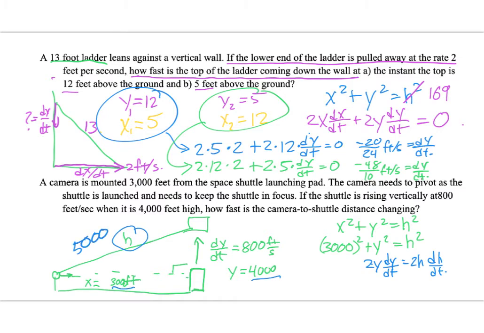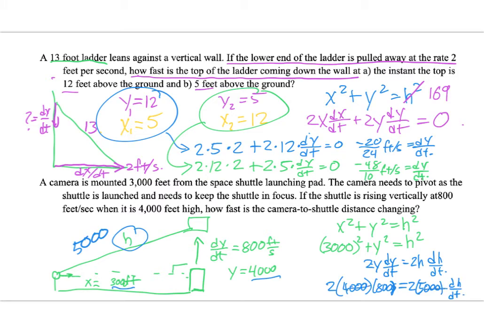Okay. Now let's plug some stuff in. So we got 2 times 4,000 times dy/dt, which we know is 800. And then we've got 2 times, that's right, 4,000, which just messed me up, 2 times 5,000 times dh/dt. And that's what we're really trying to figure out here, is how fast that distance is changing.